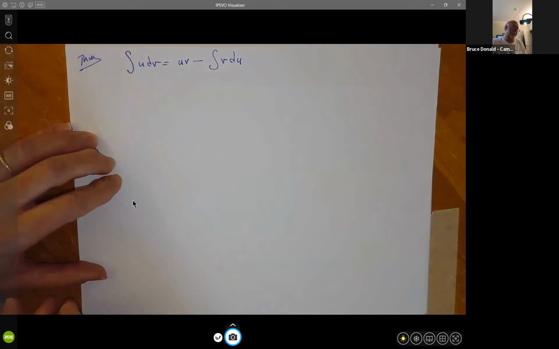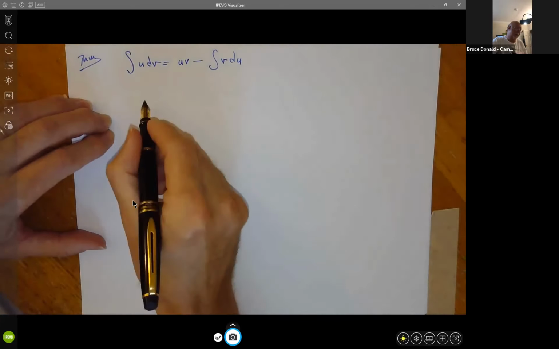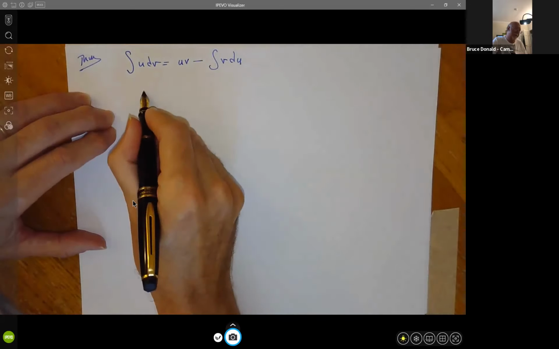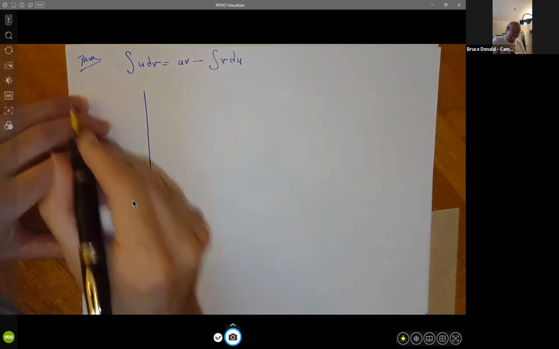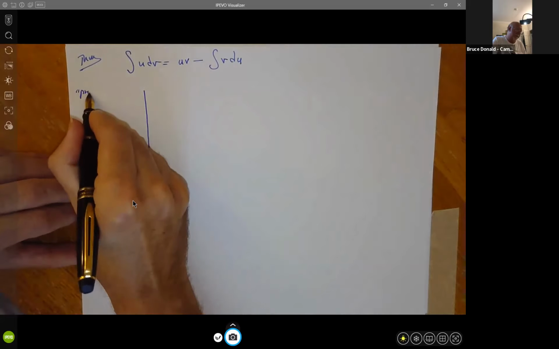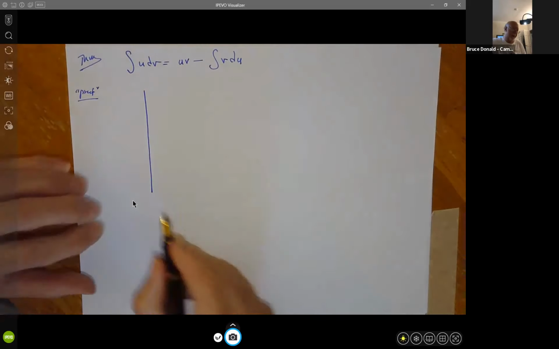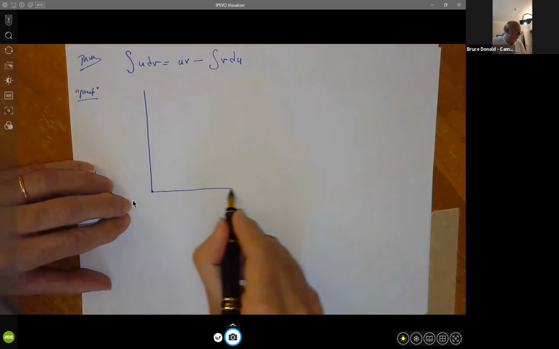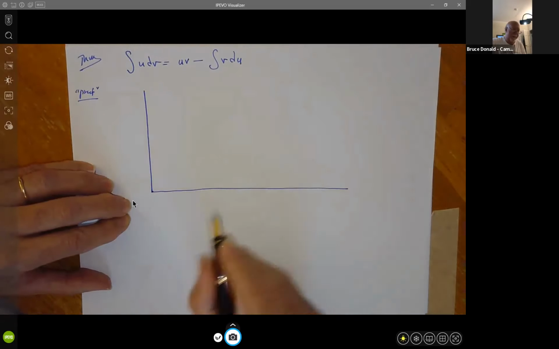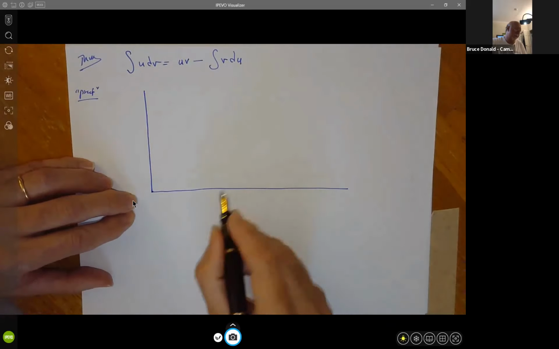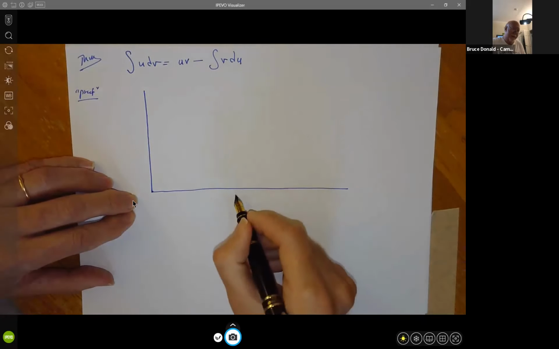All right, so it's a true fact, and some of you have even seen it proved, which is great, others haven't. So suppose I want to graph these functions here, right? I'm going to call this axis v.